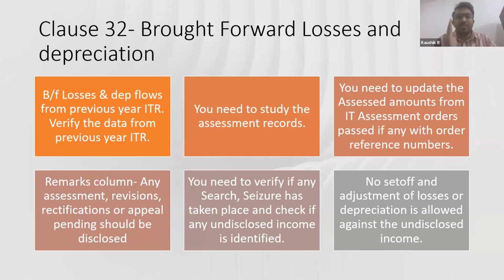As and when you write what the returned losses are, the next step is to look at scrutiny assessments. If there are any assessment records, based on those records we should see what the information is. So you need to study the assessment records. Say the IT return is filed in the previous year. Once it is filed, what is the next step?